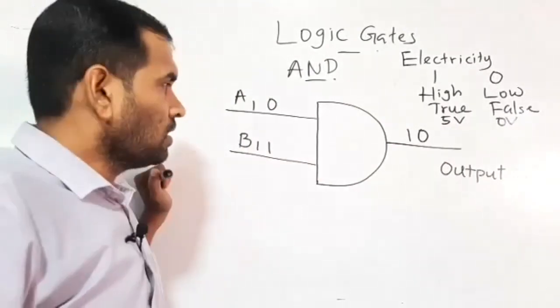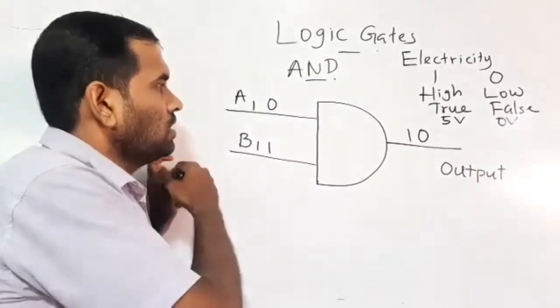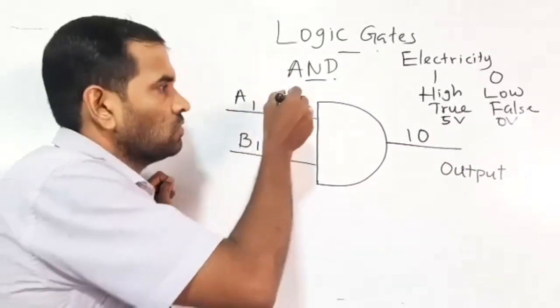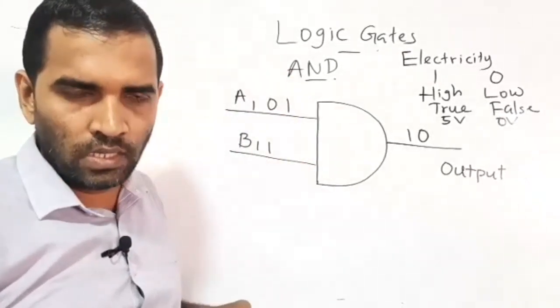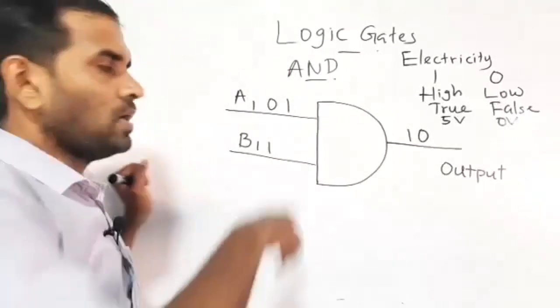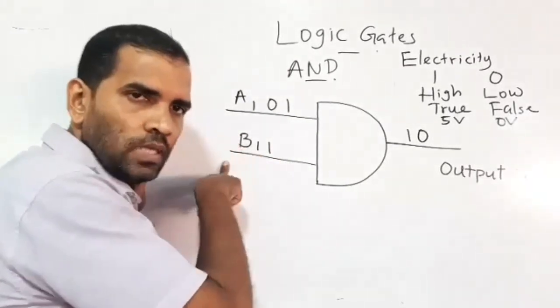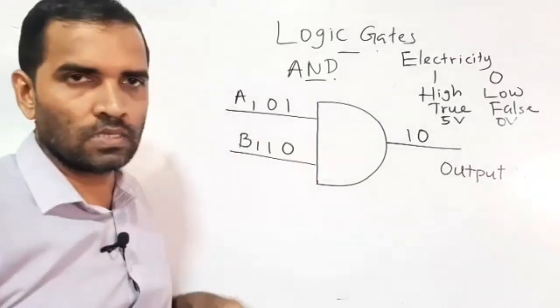Third one, I will do the opposite of the second one. Now I supply the electricity in wire A. So wire A has electricity, but I stop the electricity in wire B. So here 0.